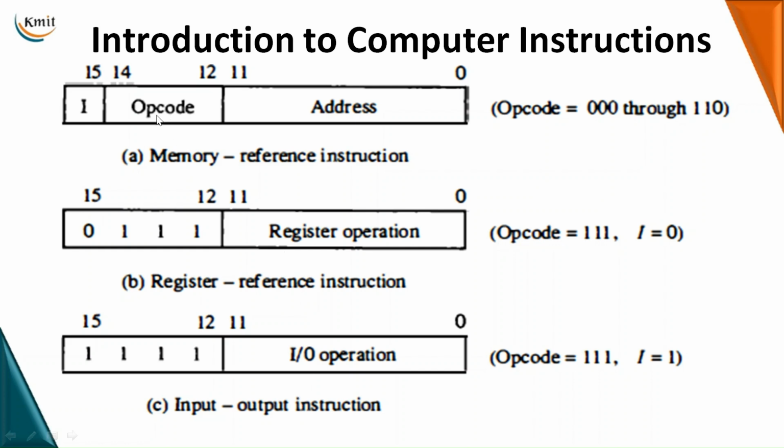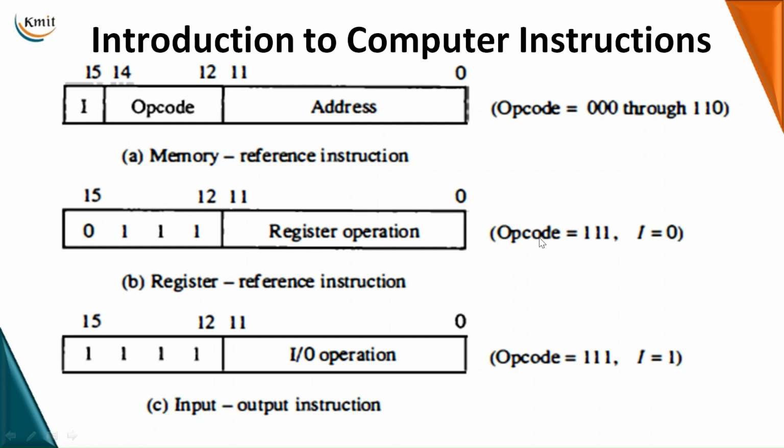So when the opcode and I bit are given as input to the decoder, it gives outputs starting from D0 to D7. Whenever the decoder output lies between 000 and 110, irrespective of the I bit, whether it is 0 or 1, the instructions are called memory reference instructions.